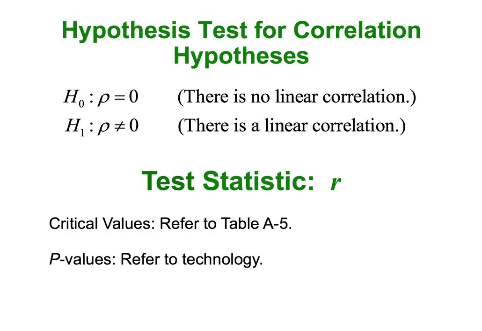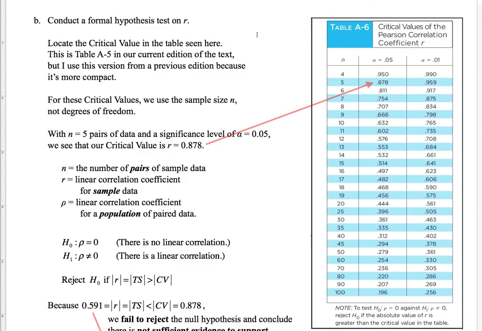Now, let's go back to the document. And the next thing we're asked to do here, as I think I already said, is to conduct a formal hypothesis test on this value of r. Well, we need a critical value, and so to locate that critical value, we use this table, Table A-6.